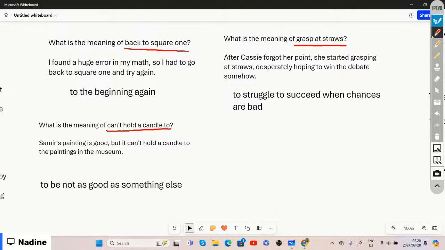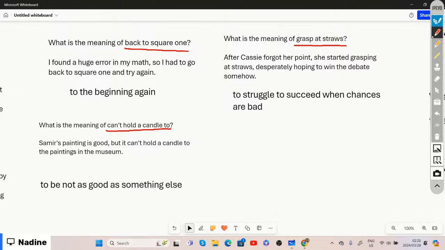All right, yes, that is also one of it, not being able to win. So if we look at the phrase grasp at straws, we can say it is struggling to succeed when chances are bad.